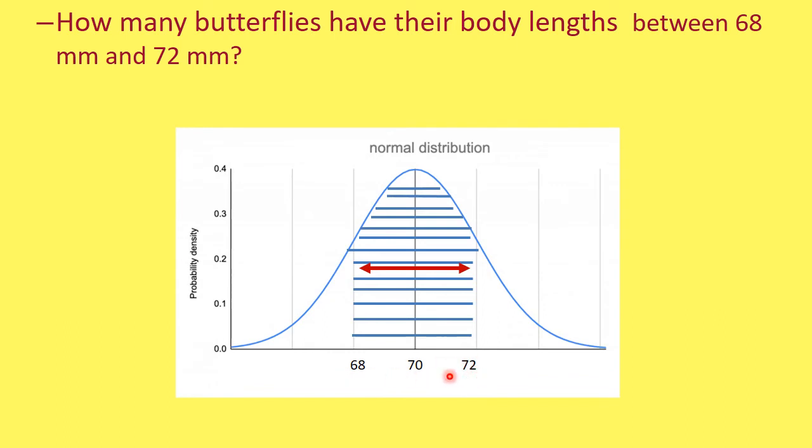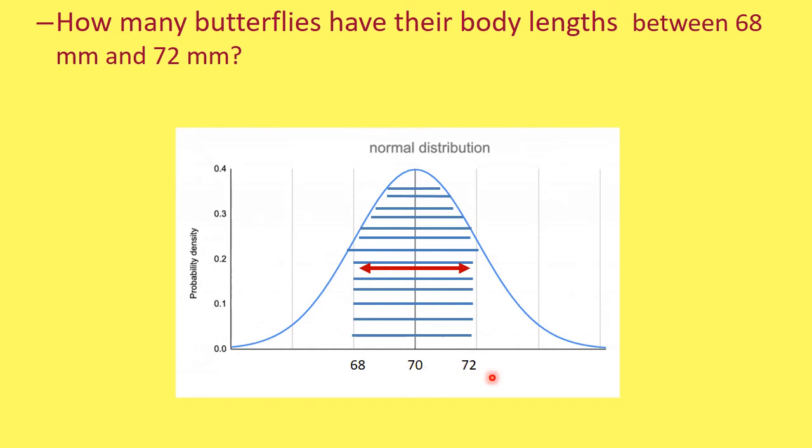Then this is 72, this is 68. Then we need to find the probability of getting butterflies with body length between 68 millimeter and 72 millimeter, in between these two. And this is the area under the curve.